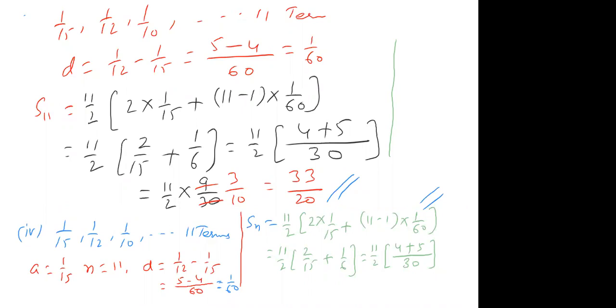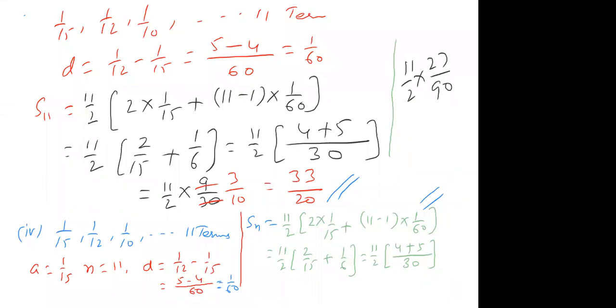Sir, what will 11 by 2 into 27 by 19 be? I am getting 297 by 11. 11 by 2 into 27 by 19, oh, 90.